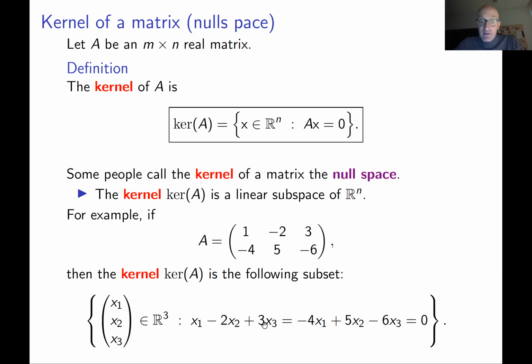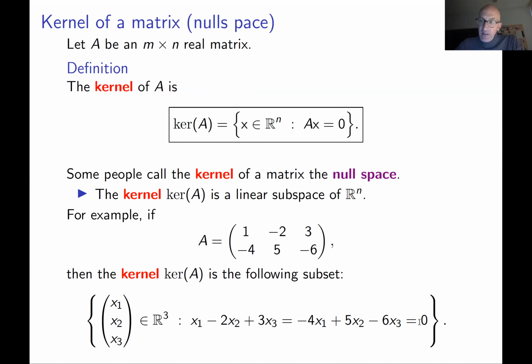Its first entry is x1 minus 2x2 plus 3x3, so by definition it must be 0. Its second entry is minus 4x1 plus 5x2 minus 6x3, so by definition it has to be 0 as well. So the kernel of this matrix is just this subset of R3 defined in this way.